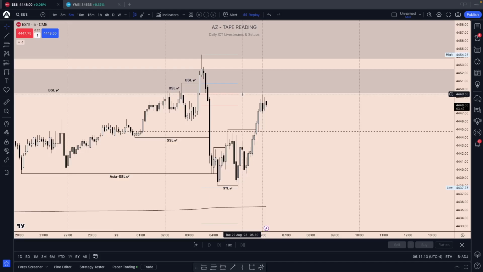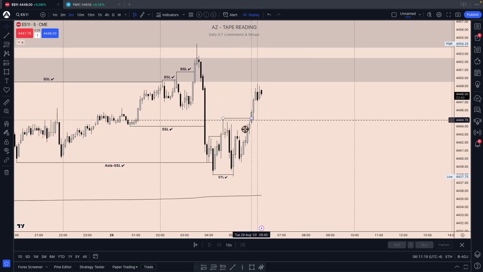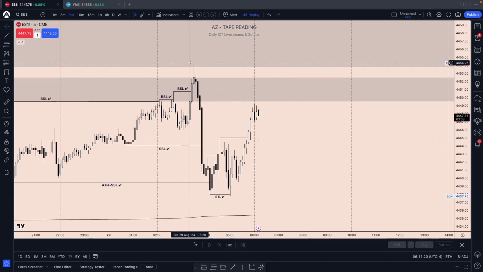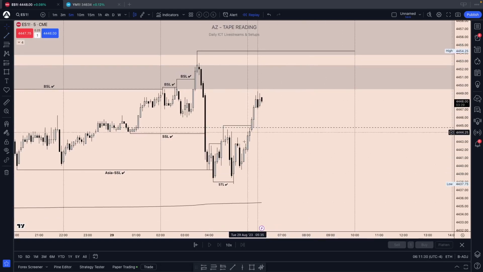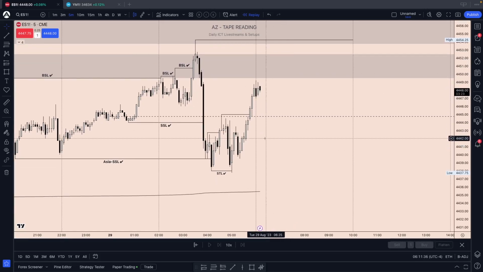We're around the golden pocket area, that's the 61.8. So really, if we think that this is going to stay the high for the day, this buy side right here, that we're not going back above this, then this move back into these discounts is just a move for price to deliver efficiently.